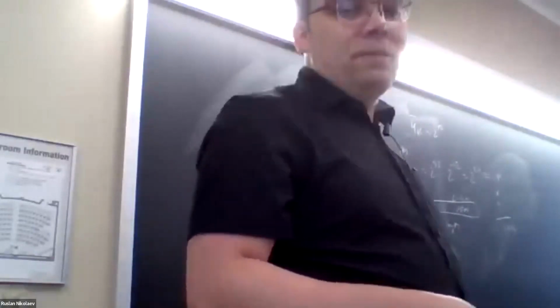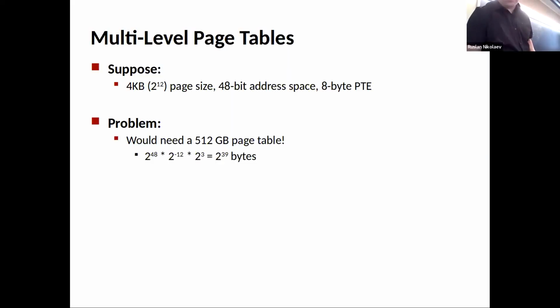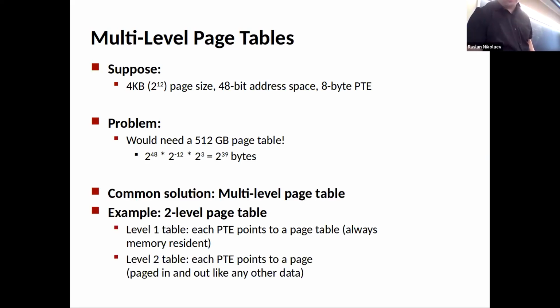But things are actually even worse than this if we look at 64-bit processors. I don't know if it's going to get recorded, but let me go back to this slide. So now let's say we use a 64-bit processor.